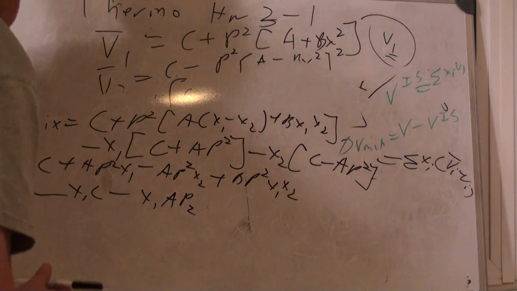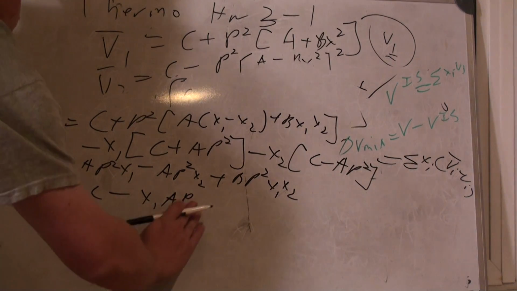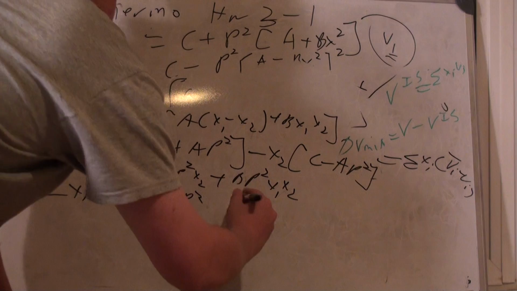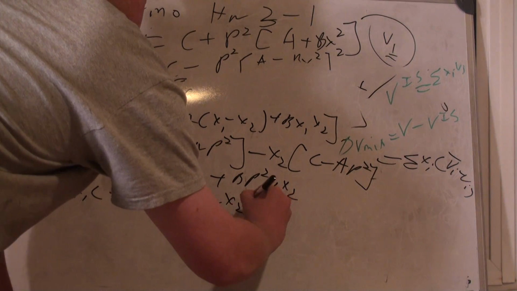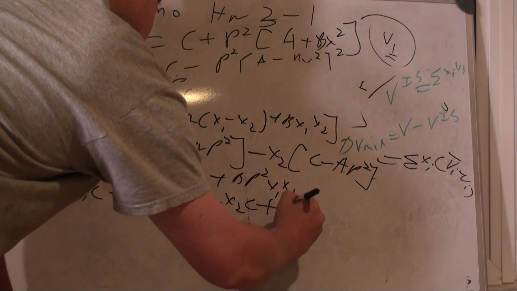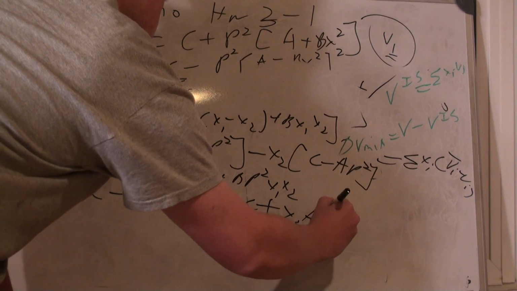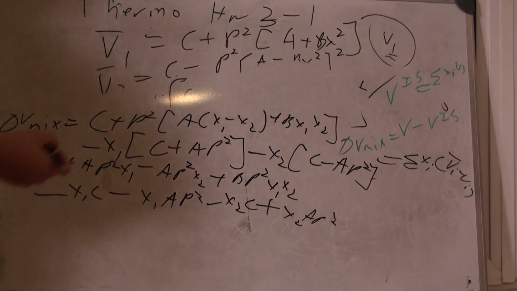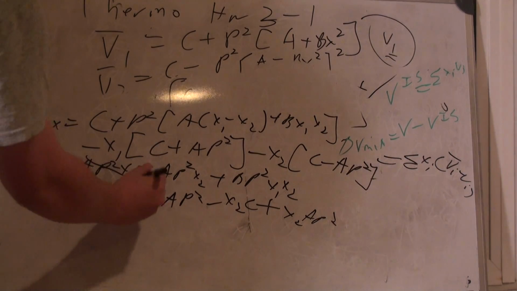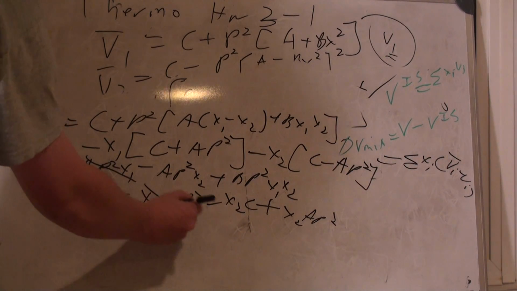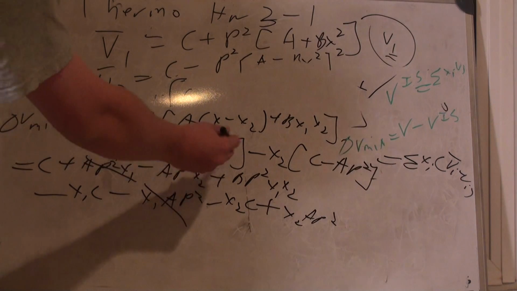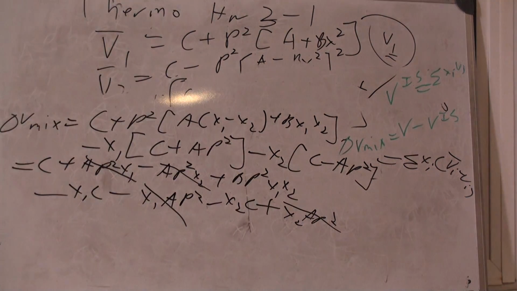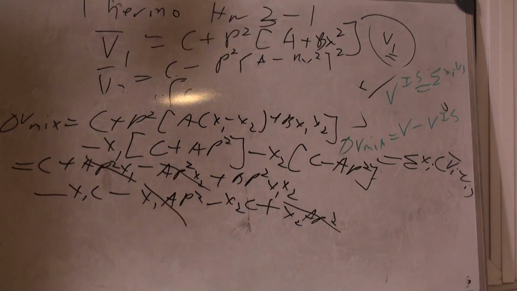Oh, no, I didn't. I was thinking I missed something, but I didn't. Because here's my AP x1 minus AP x1, minus AP x2 plus AP x2. Alright, so those just go away.